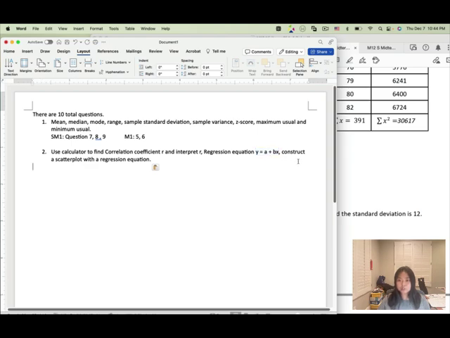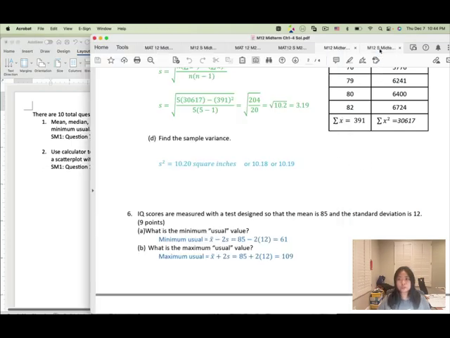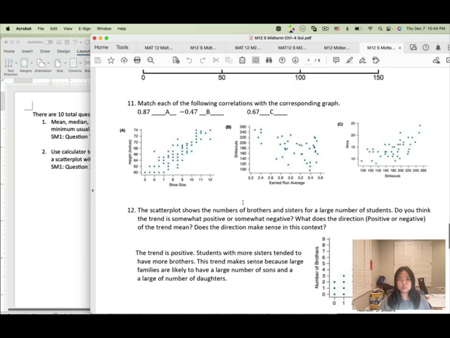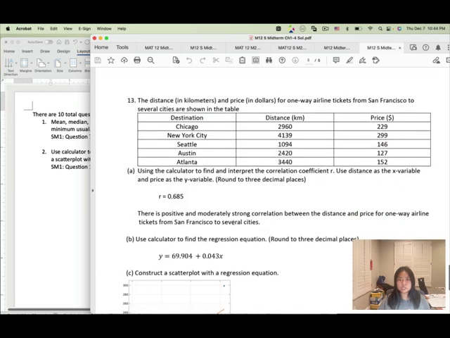Then use your calculator to construct a scatter plot with a regression equation. So you're going to review sample midterm 1, question 13.